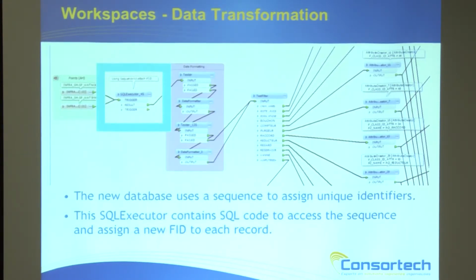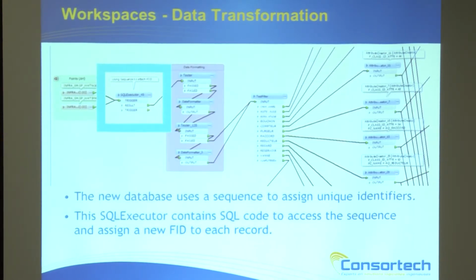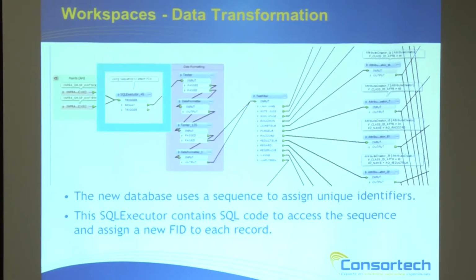This was an interesting challenge. In the new database, spatial data is stored separately from attribute data. So we couldn't just push the data in, because every time we created a new feature in the database, a new feature ID was generated. So we actually had to generate the ID in FME rather than waiting for the trigger in the database.